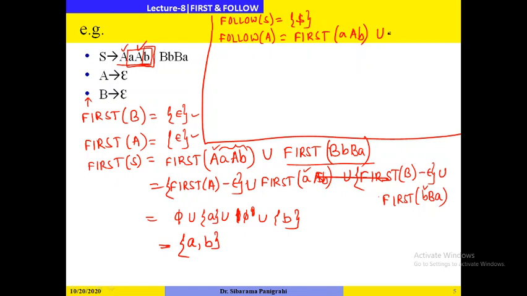It's small b. So union first of B. So what will I get? First of A B has started with a terminal, so here you will get A. From first of B, you will get B. So follow of A will contain A, B.